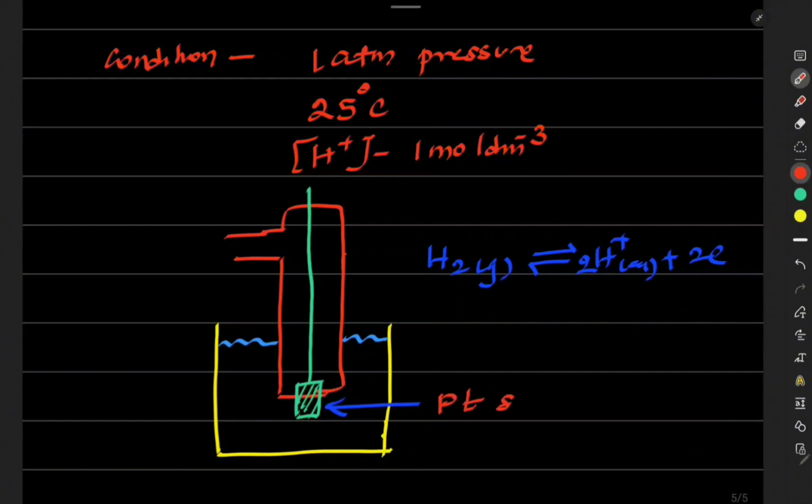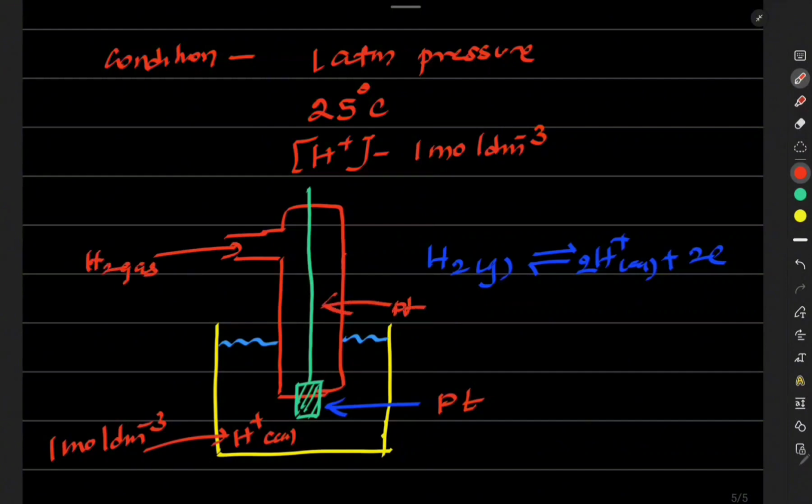This is Pt, and there will be H+ here. The concentration will be 1 mol dm^-3, and here H2 gas is inserted, and this is a Pt wire.